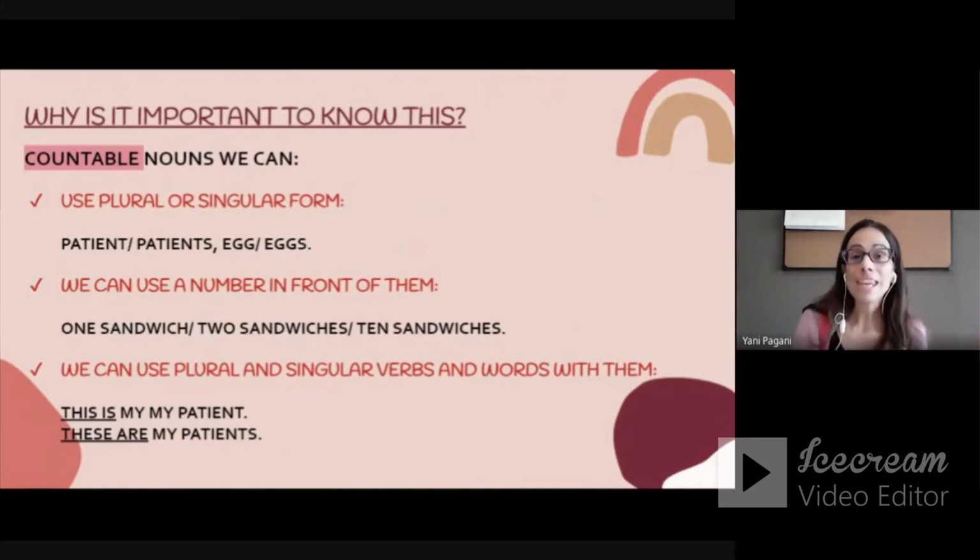And these are my patients, with the plural word and the plural verb for the plural form of the noun, patients. So these 3 characteristics apply to countable nouns.